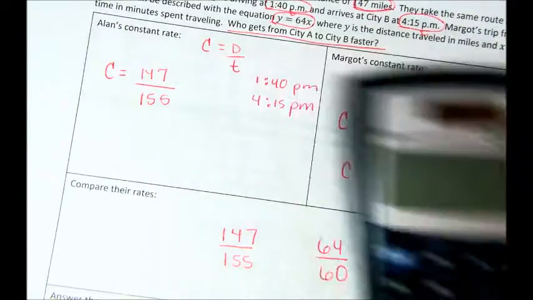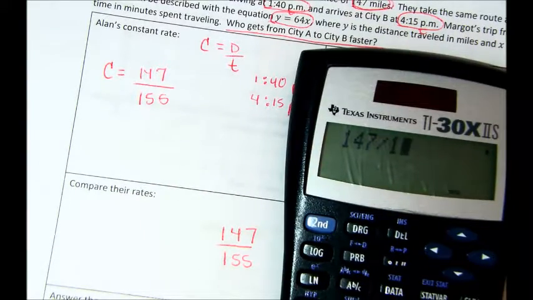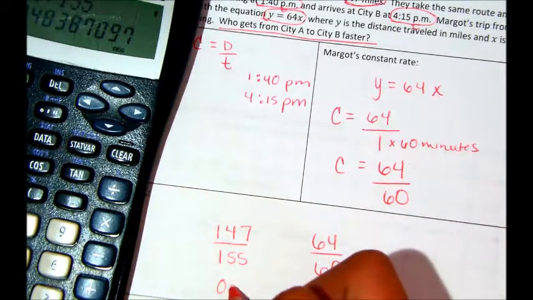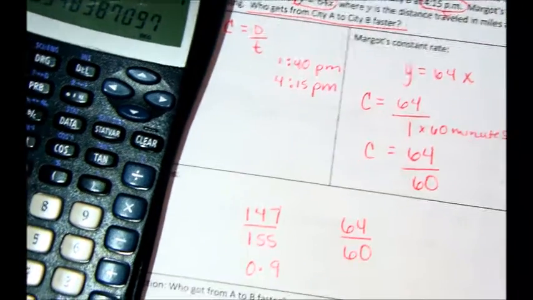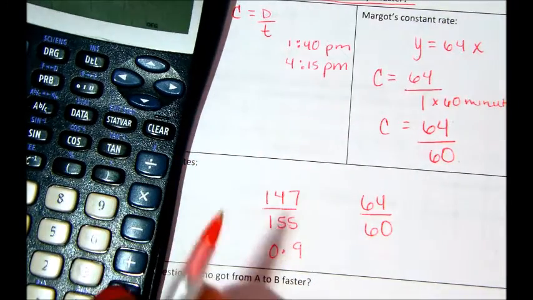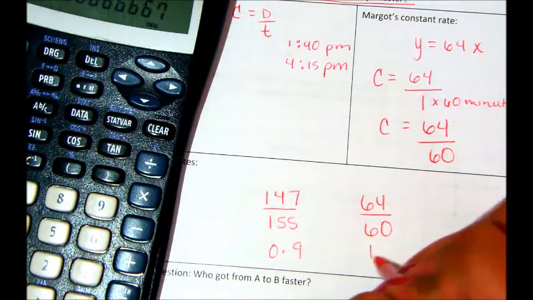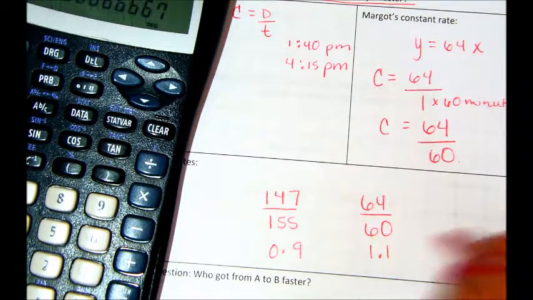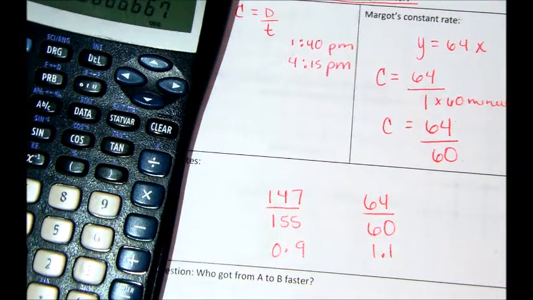Using my calculator, when I do 147 divided by 155, I get that my answer is 0.9 tenths. It's going to round to 0.9. And when I do 64 divided by 60, I get that my answer reduces to 1 and 1/10. Also going to round to the nearest tenth.